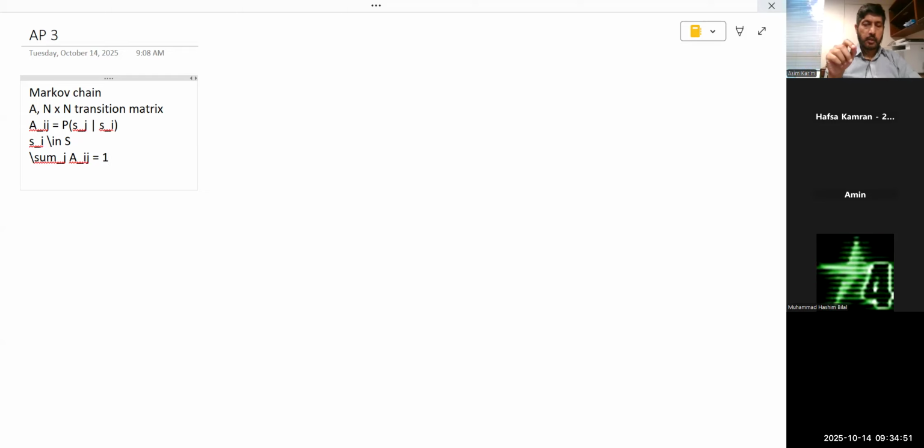So there must be a way of going out of a page i, either back to itself or to all the other pages. In any case, all those links and their probabilities of taking those links should sum to 1. So this requirement makes this matrix a stochastic matrix. This is a requirement for a Markov chain.